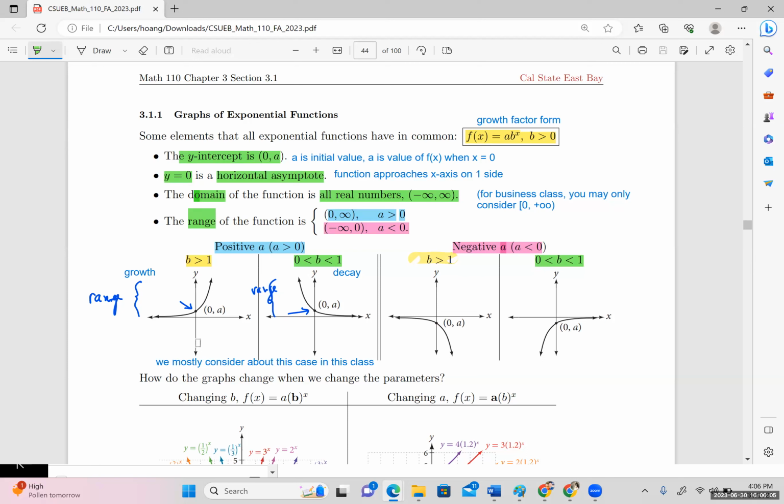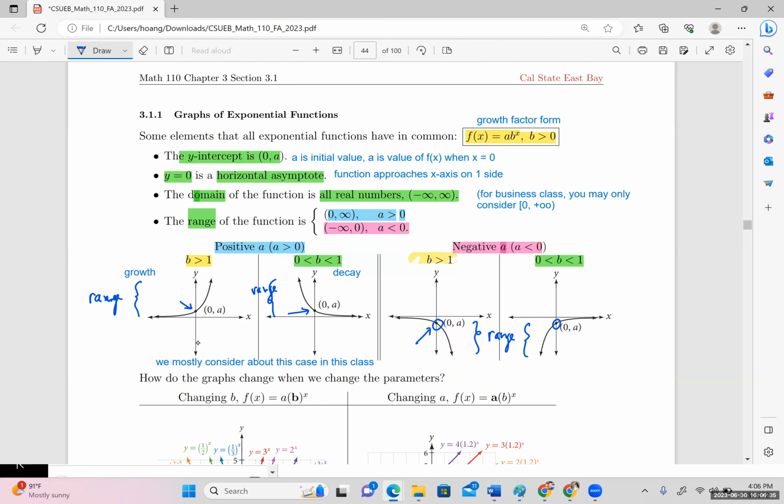The difference is that the range is now from 0 down to negative infinity. Keep in mind that the range is how vertical it is. And the y-intercept is still the same as before, which is (0, a).